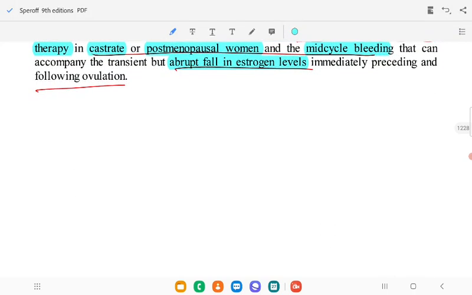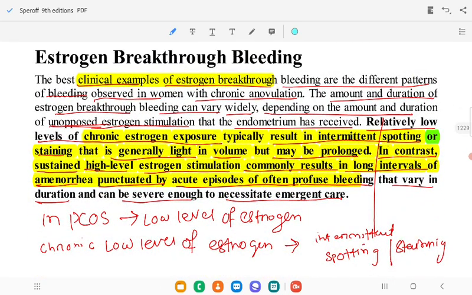This is estrogen withdrawal. What is breakthrough bleeding? The clinical examples are the patterns of bleeding in chronic anovulation patients. The amount and duration of the bleeding will depend on how much and how long the on-off estrogen stimulation that the endometrium has received. A relatively low level of chronic estrogen exposure typically leads to intermittent spotting or staining that is generally light in volume but may be prolonged.